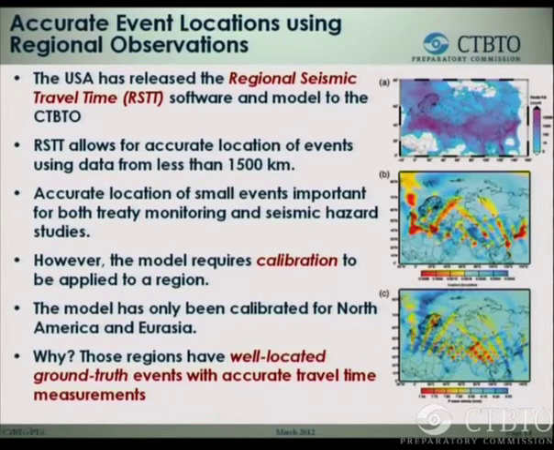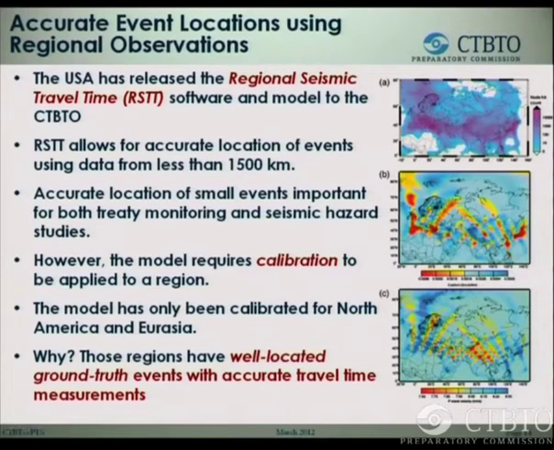As you might guess, there's a lot of work involved to bring this to fruition in the various areas of the world. We must first calibrate the velocity model using known sources of seismic energy. By known sources, this means that we need to collect well-located ground truth events with accurate locations and accurate travel time measurements associated with them.